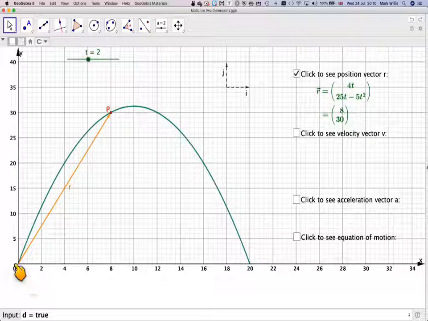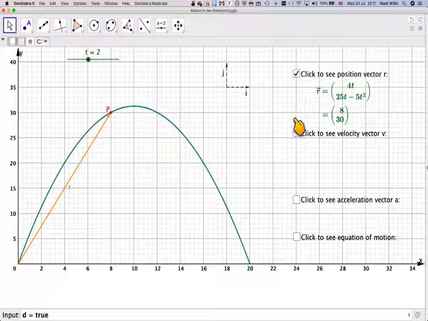It's how far I go along the x, which is 8 at this moment, since 4 times 2 is 8. And if we put 2 into 25t minus 5t squared, we get 30. So this line represents the position vector.